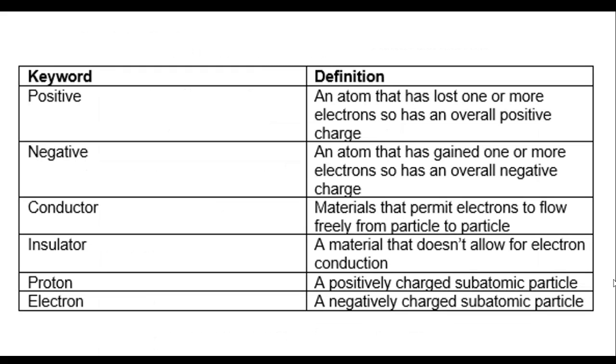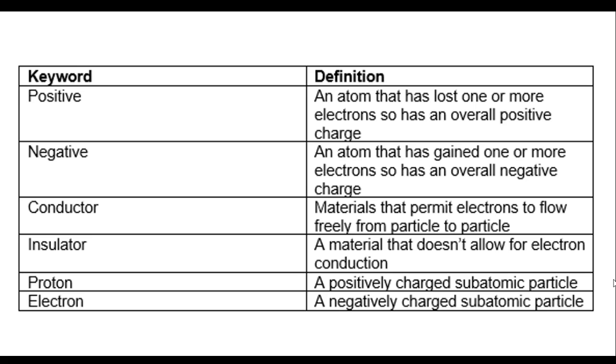Let's recap then some key definitions. If an atom is positive, it has lost one or more electrons, so it has an overall positive charge because it's lost one or more electrons, and electrons are negatively charged.